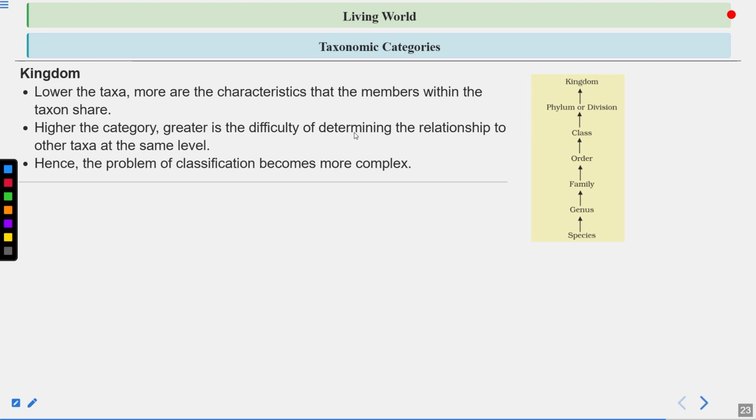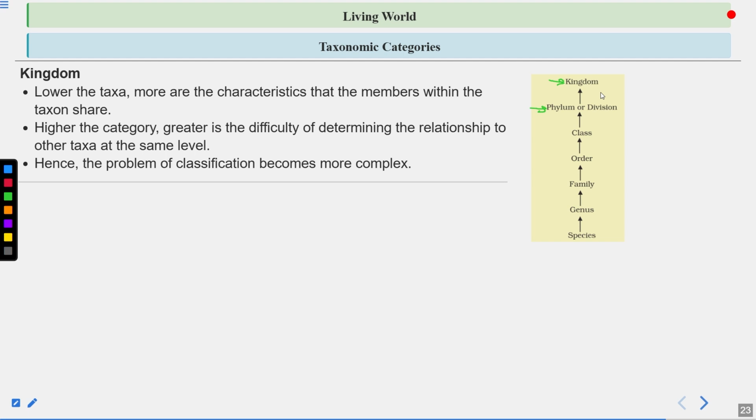Hence the problem of classification becomes more complex here. So if we consider these broad categories like phylum and kingdom, then the members might show similarities in some broad features, like they are multicellular, but still there are a lot of dissimilarities.